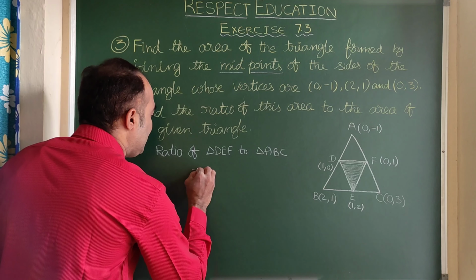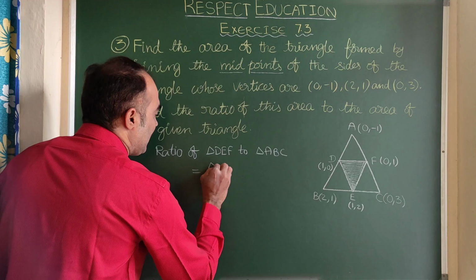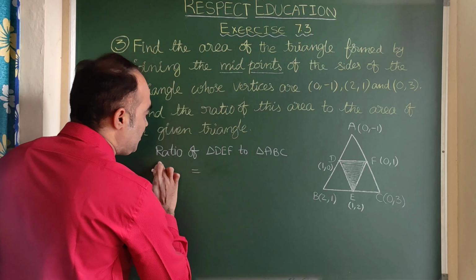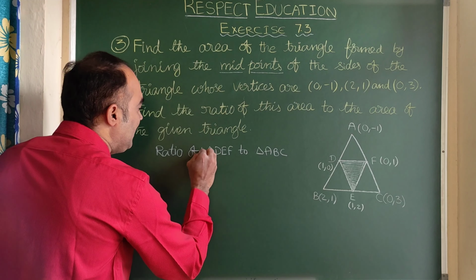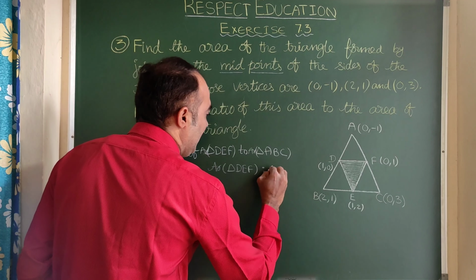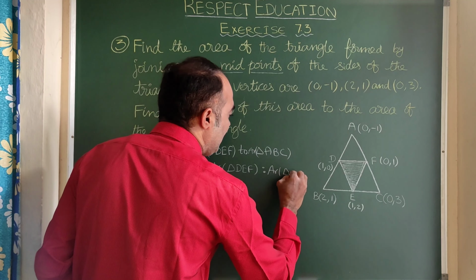So here the ratio is nothing but the ratio of area, so this is area, this is also area. So here I am writing area of triangle DEF is to area of triangle ABC.